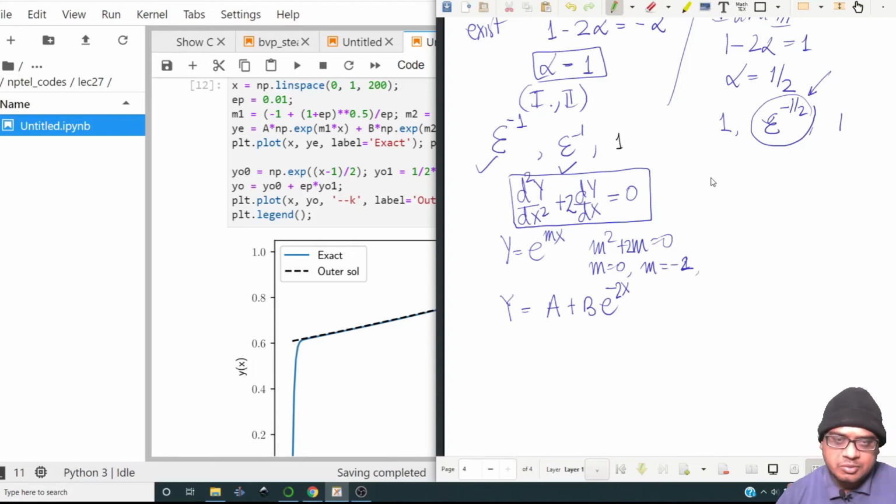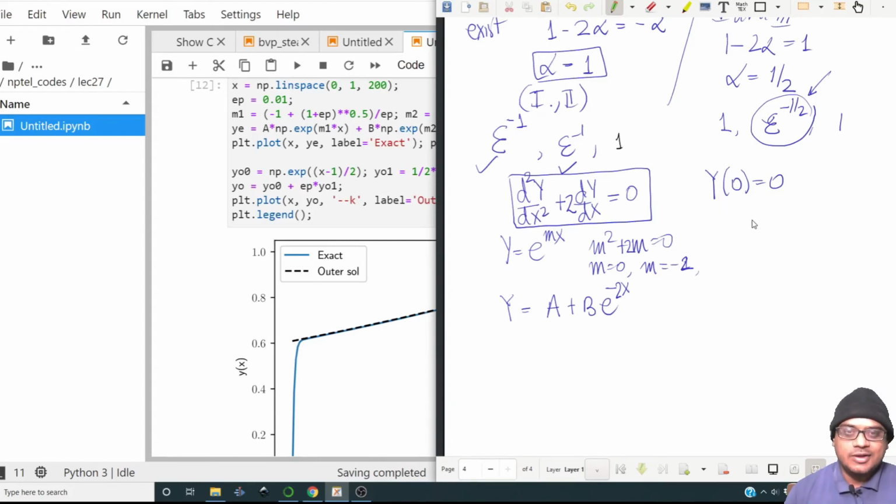So obviously the first boundary condition will be capital Y at 0 will be 0. And this is the left boundary which we have not utilized in finding out the outer solution. But what about the inner solution? Rather, what about the other boundary condition?